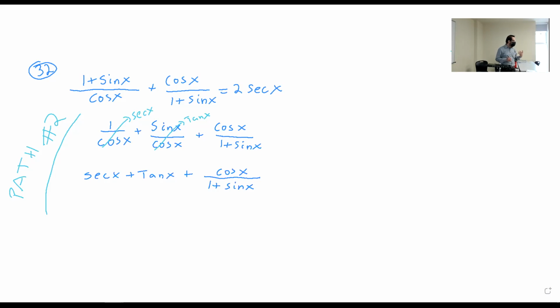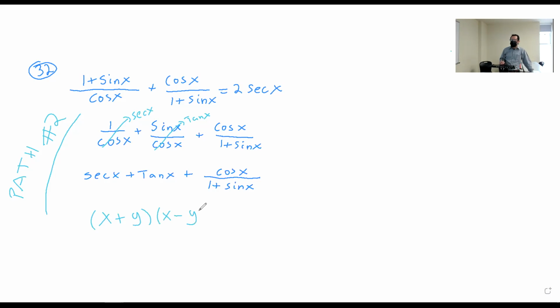Now, there's a trick we can do here. There is a theorem, an algebra theorem. I'm going to write it down here. It says if I have x plus y and I multiply that by x minus y, so one factor is plus and the other factor is negative, does anybody know what this gives me?